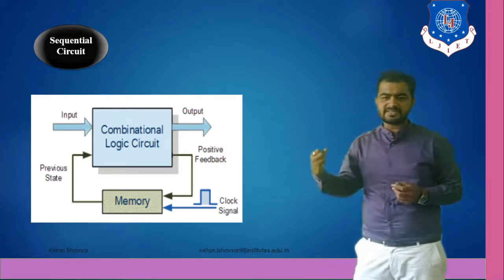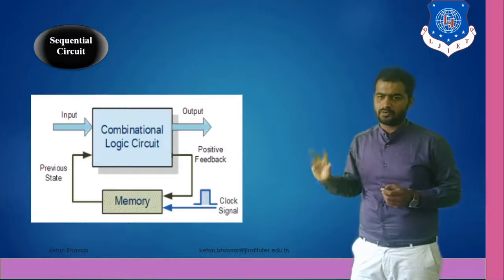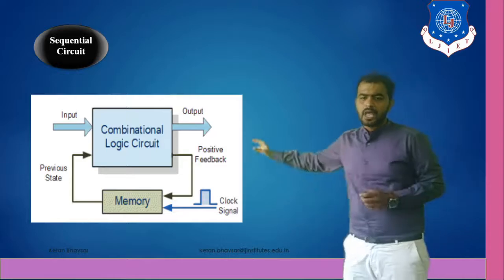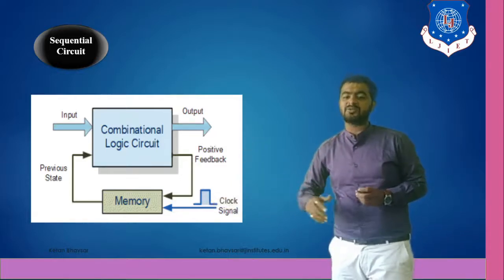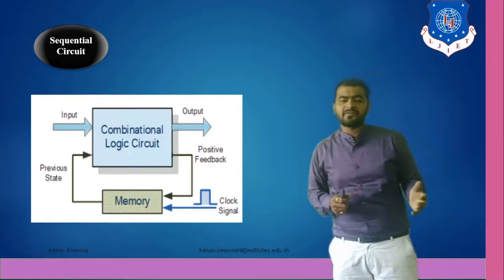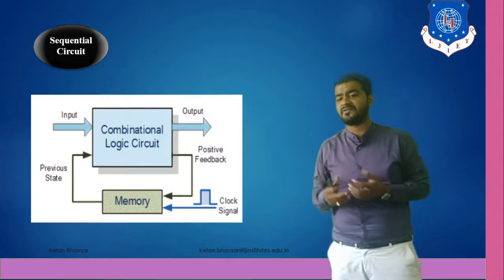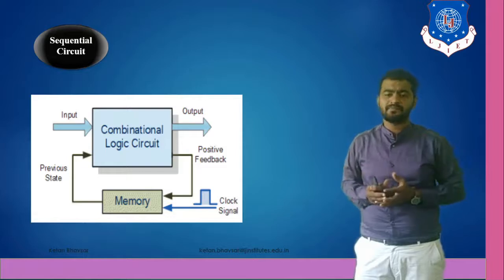Just assuming that we have a clock pulse, either rising or falling, you have some output that goes to the memory element in terms of flip-flop. There are a number of flip-flops, like D flip-flop, T flip-flop, JK flip-flop, SR flip-flop, and RS flip-flop.